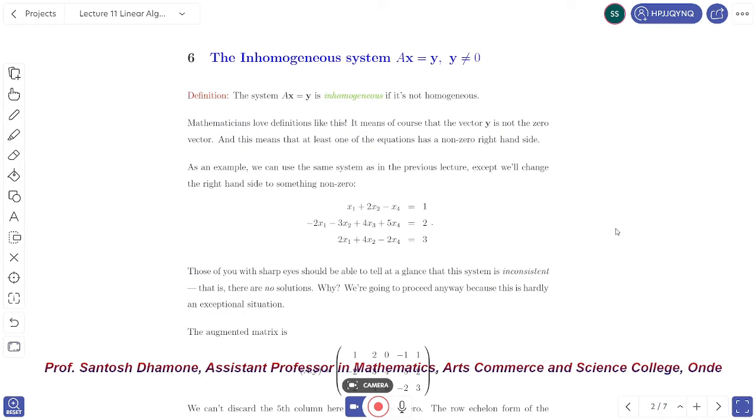The inhomogeneous system Ax = y, where y is not equal to 0. This is a non-homogeneous system of linear equations.